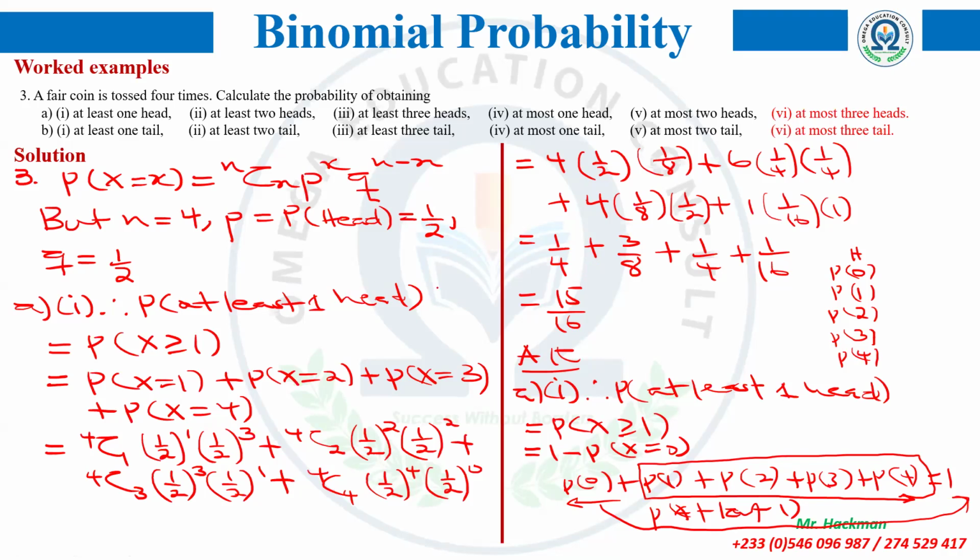Anytime you have P at least one, and this works for only at least one, it's always equal to 1 minus P none.